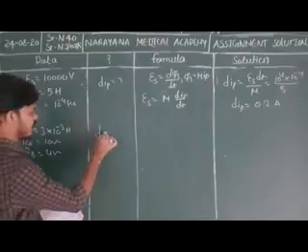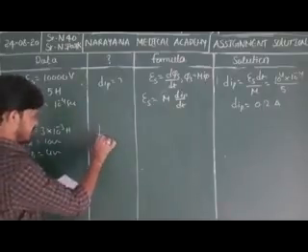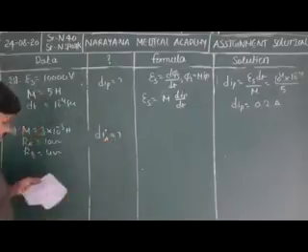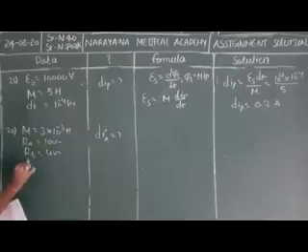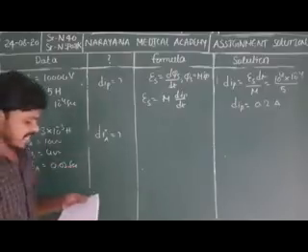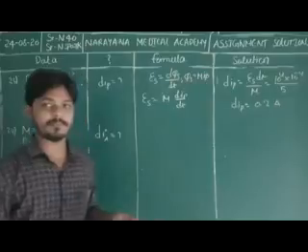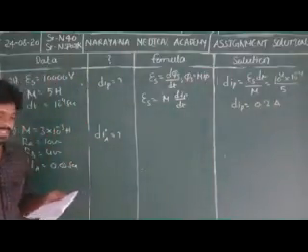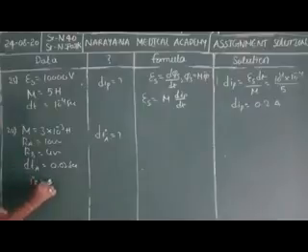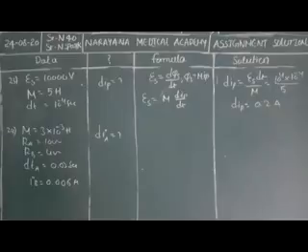Question number 24. The coefficient of mutual inductance of two circuits A and B is 3 millihenry. So M is equal to 3 into 10 to the power of minus 3 henry, because the option unit is in SI unit. Next, the resistance of coil A is 10 ohms, and the resistance of coil B, RB, is equal to 4 ohm.